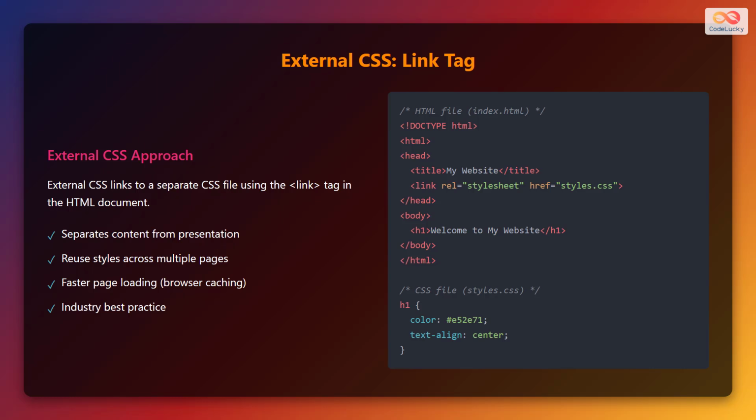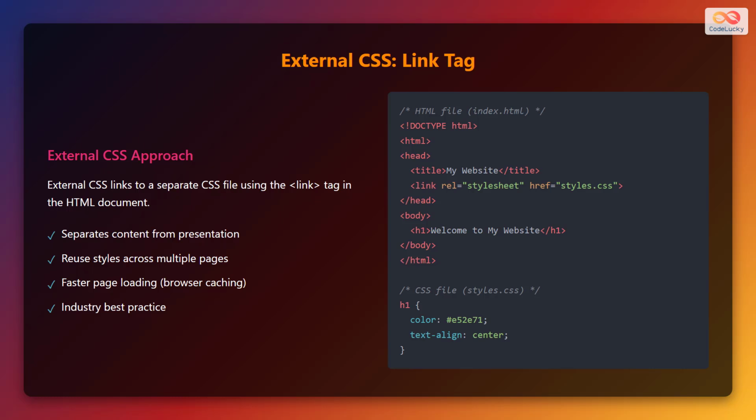Let's discuss External CSS. External CSS involves linking a separate CSS file to your HTML document using the link tag. This approach separates content from presentation, making your code more organized and easier to maintain. It allows you to reuse styles across multiple pages, promoting consistency throughout your website.